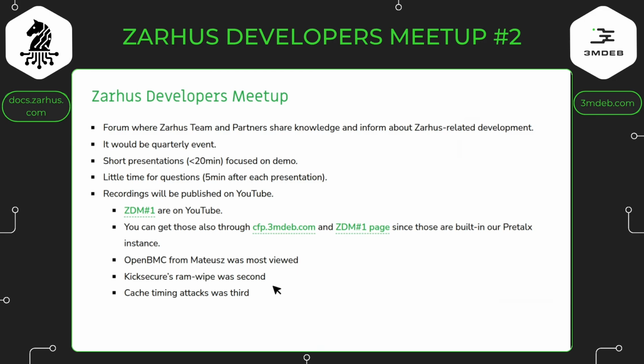So it's not blasting, but something. The OpenBMC talk was first, then the Kick Secure RAM Wipe was second with 60. And then 30-something for cache timing attacks. So those are the 3 most popular ones. Daniel's was second and Michał was third.